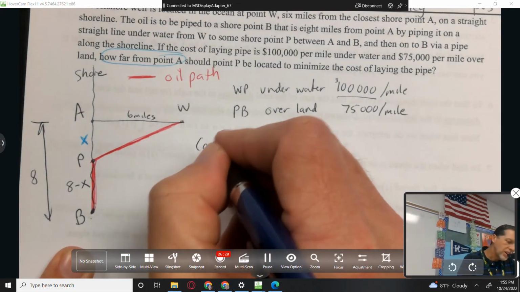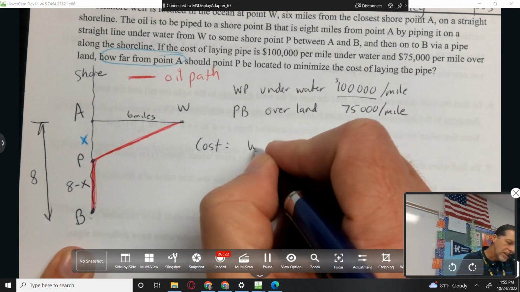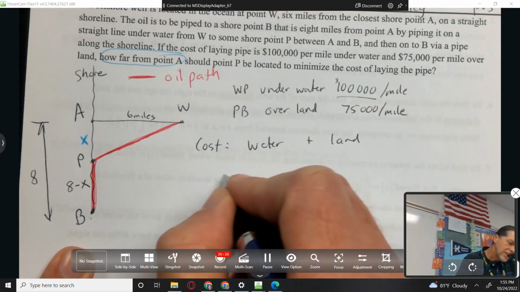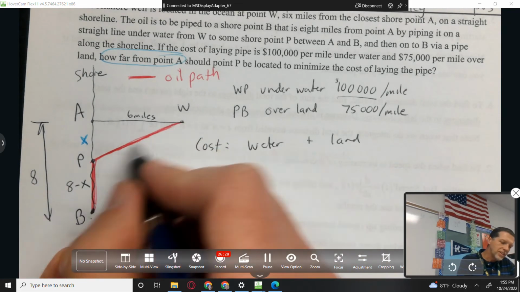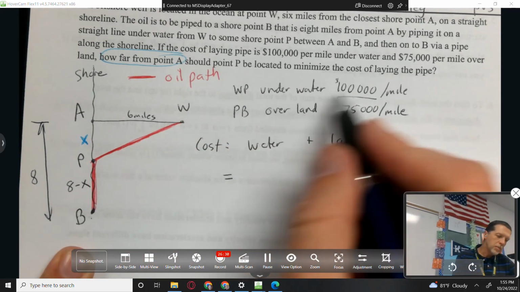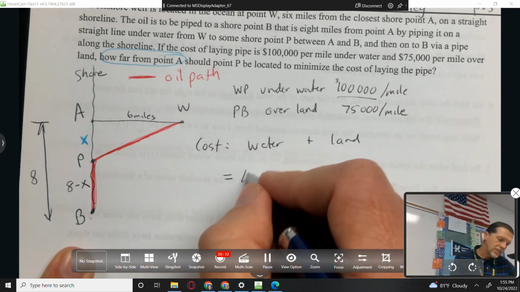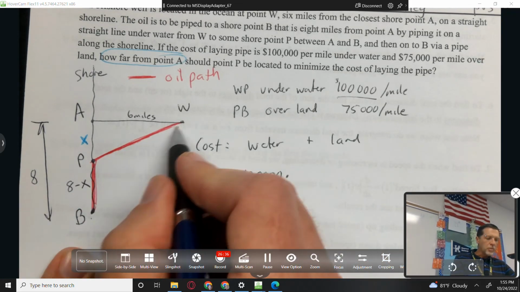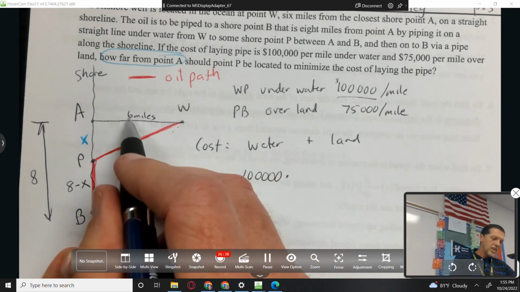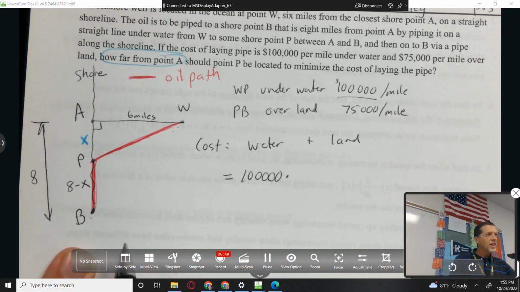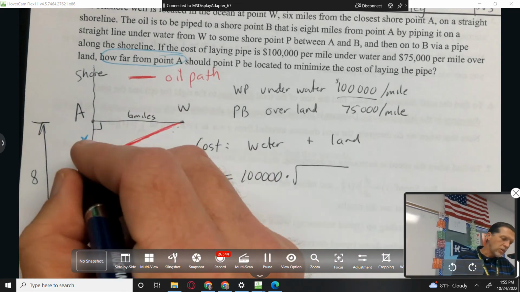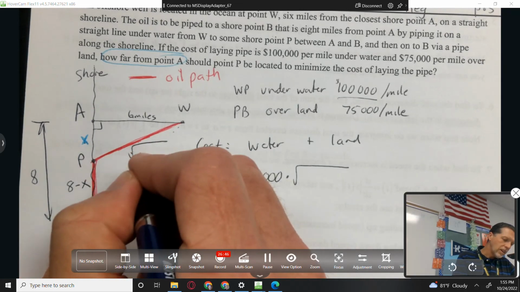Okay, so the cost, got the water cost, land cost. So water cost is WP times $100,000. How far is it from W to P? A squared plus B squared equals C squared.